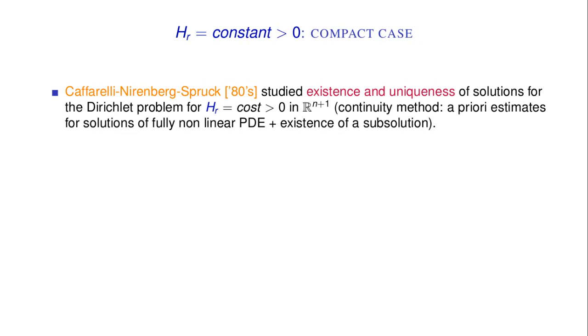Here, you have to prove C^2 estimates directly in order to prove existence. And then for the continuity method, you also need the existence of a subsolution. But the very important thing in those series of papers was exactly their method to find the C^2 estimates independently from Schauder theory and so on, a direct estimate. This was the first very strong result.